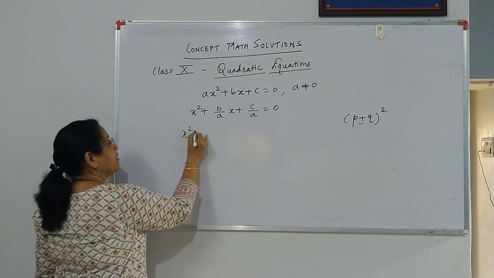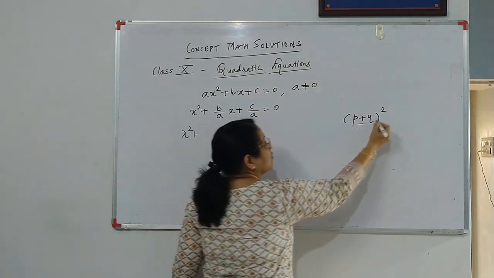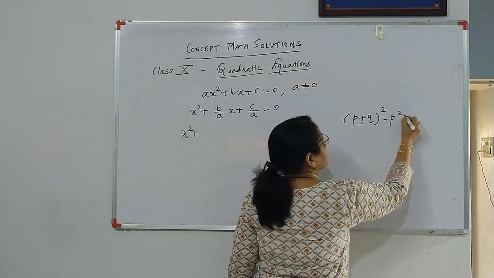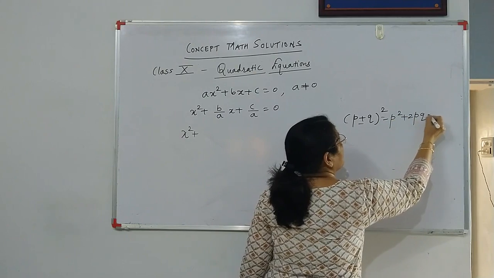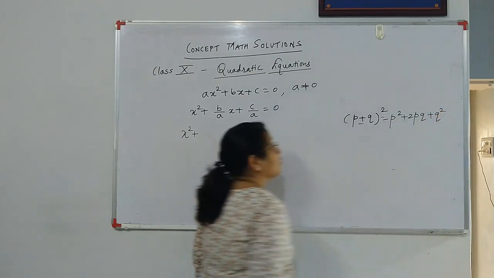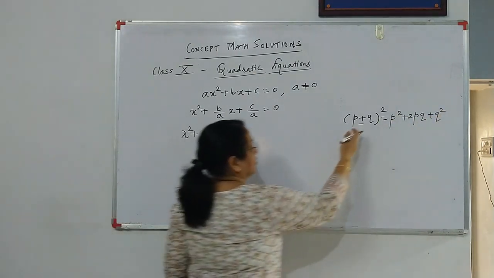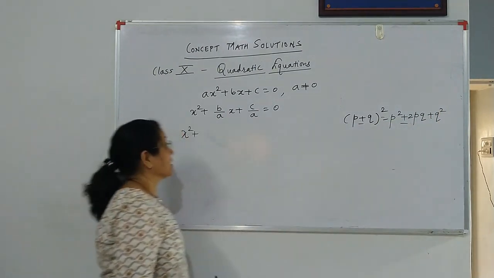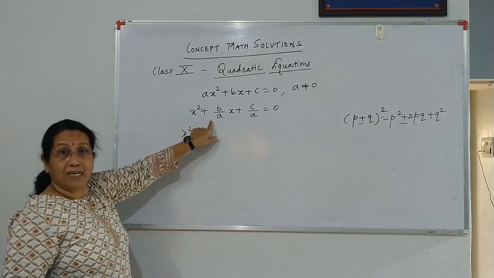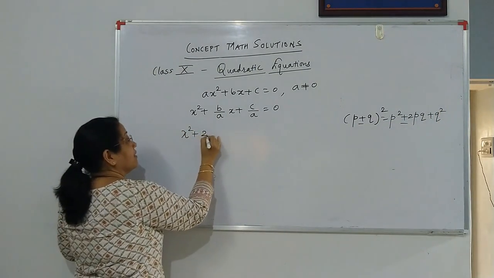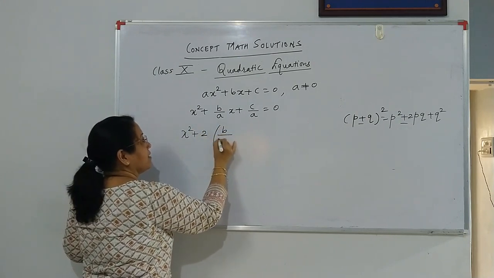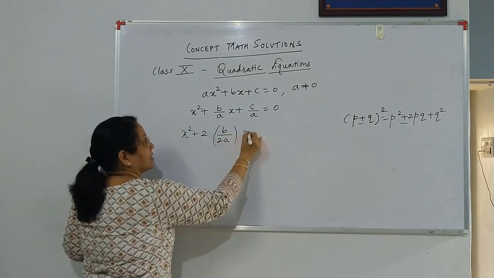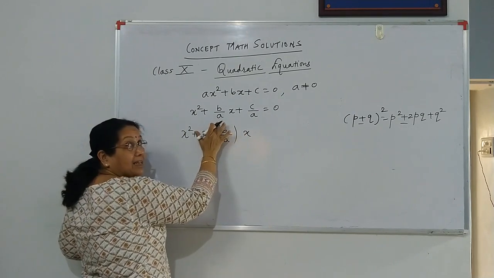Now, you know the expansion of this is p square plus 2pq plus q square. If it is plus, then plus, and if it is minus, then minus. I want 2 times this term, so I will multiply by 2 and divide by 2. If I go back, I will get back this, right?